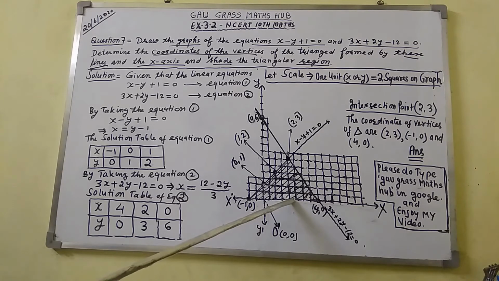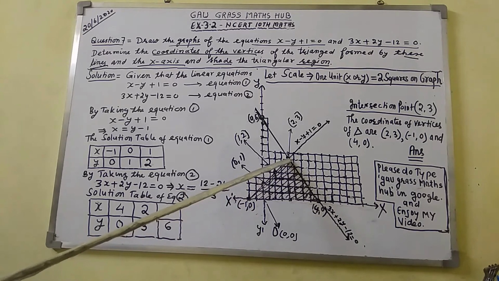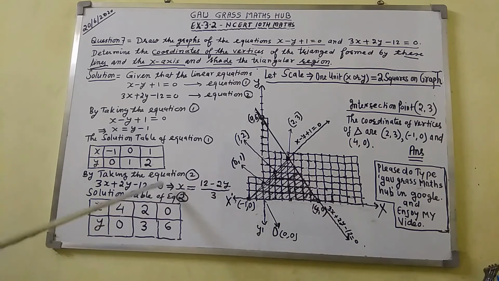And here you can see y equal to 3 in the second column of the solution table of equation number 2. So you will move 6 squares on the y-axis. Just count from here: 1, 2, 3, 4, 5, 6. Now come to the third column of the solution table of equation number 2.